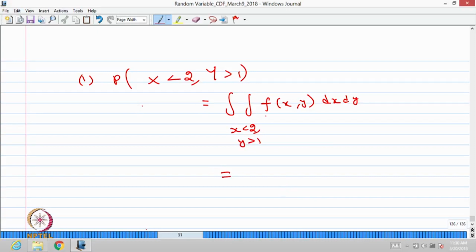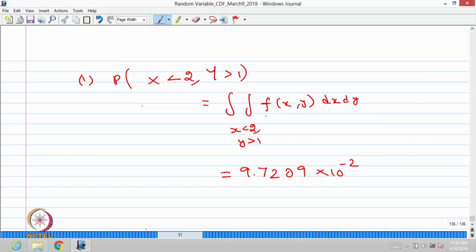You can always get this integration and the final answer, which is 9.7209 times 10 power minus 2. I am not evaluating this integration here.